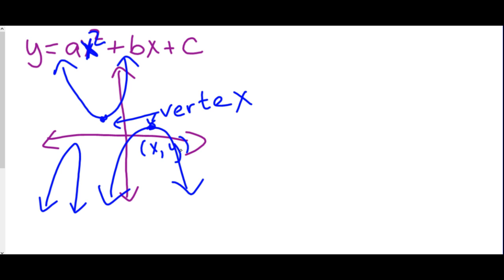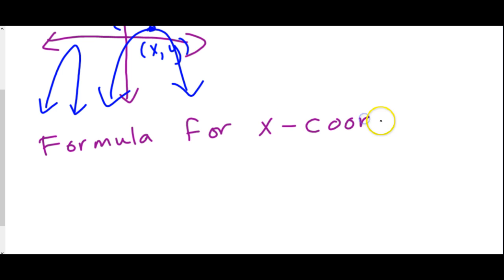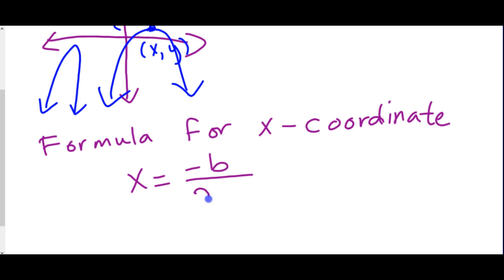The x-coordinate we have to find using a formula. So for the x-coordinate, you use the formula x equals negative b over 2a.